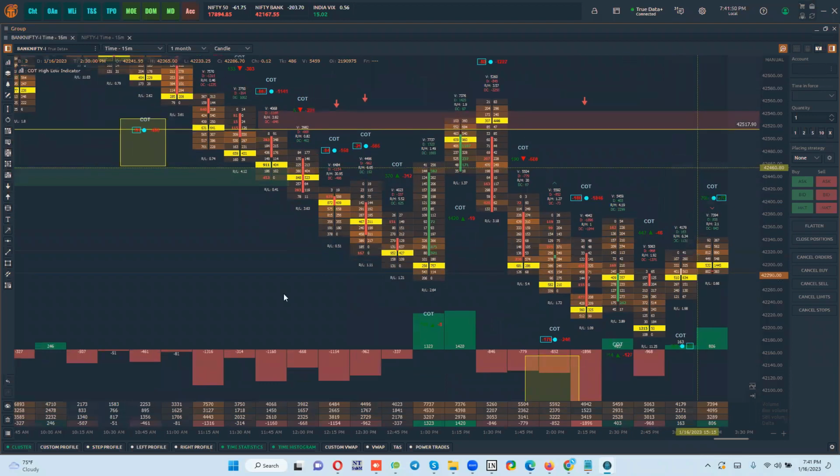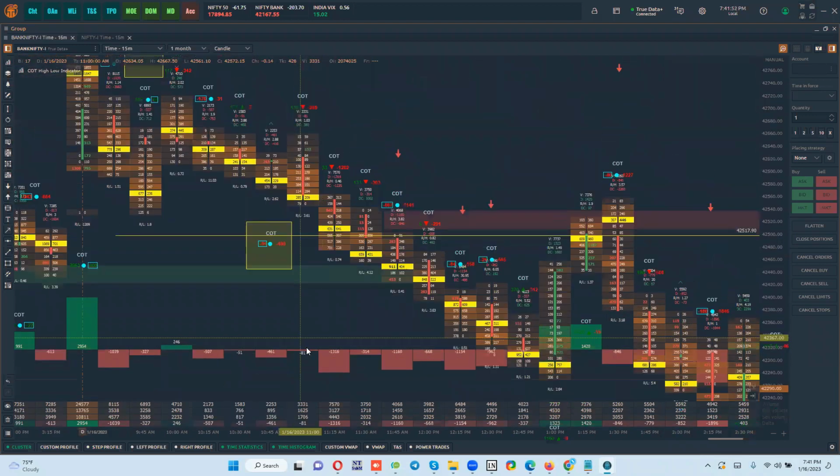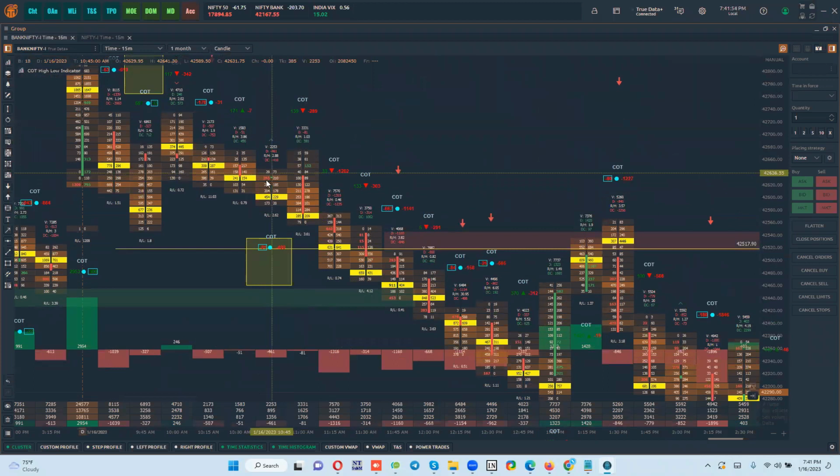So here you see the trapped buyers. What exactly this means is that the candle closed at the top of the bar. If the market closes at the top of the bar, it is an indication that ideally there should have been more positive COT low values. Whereas you see that there were more sellers in this particular bar. The sell-off was quite sharp out here.